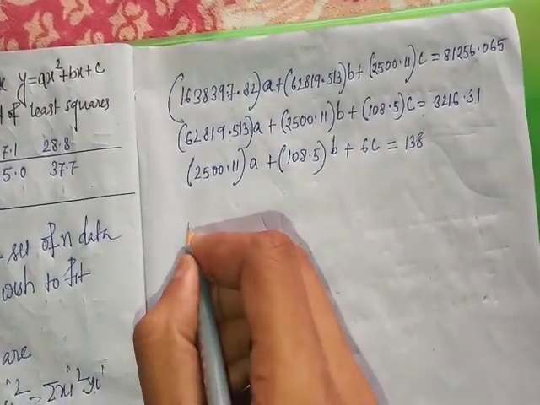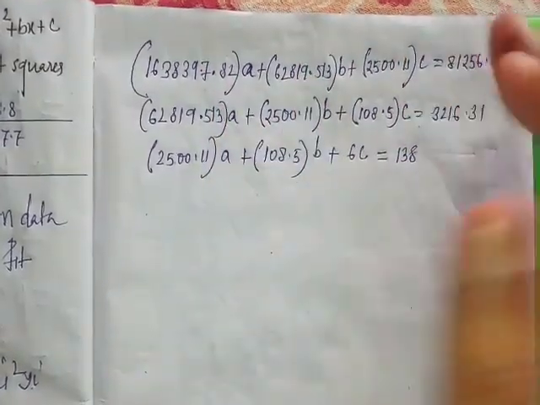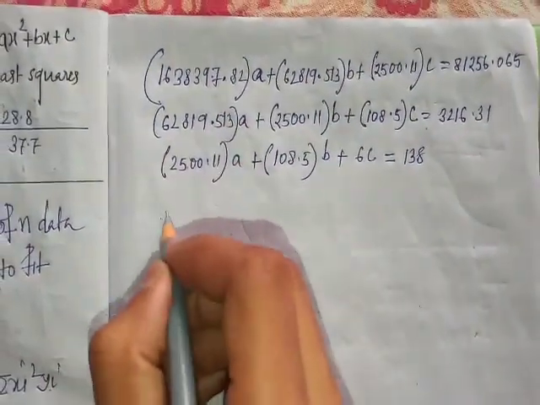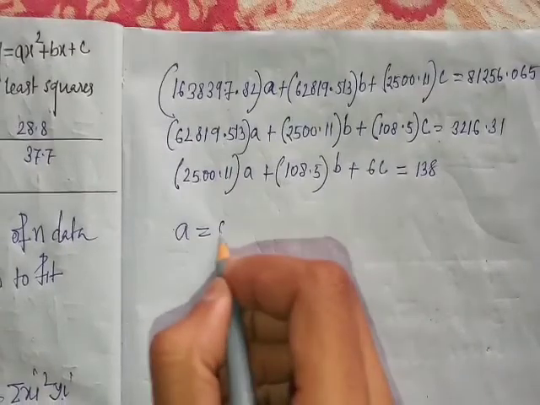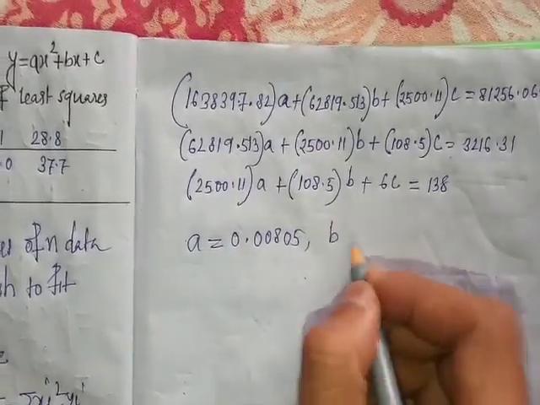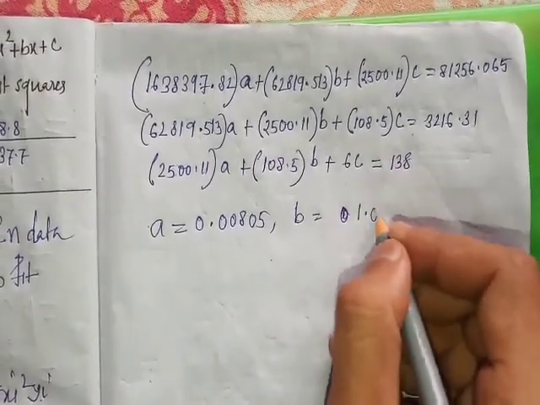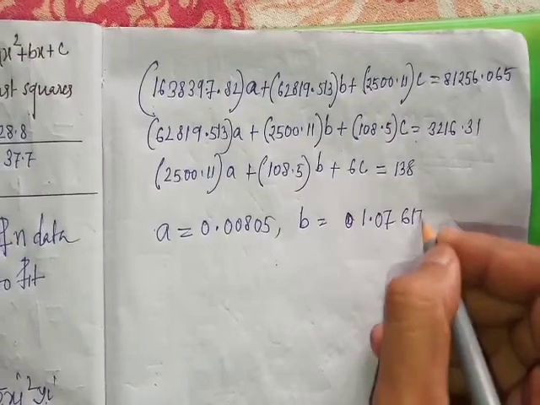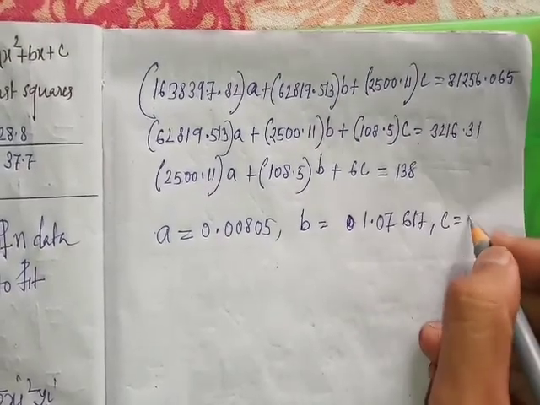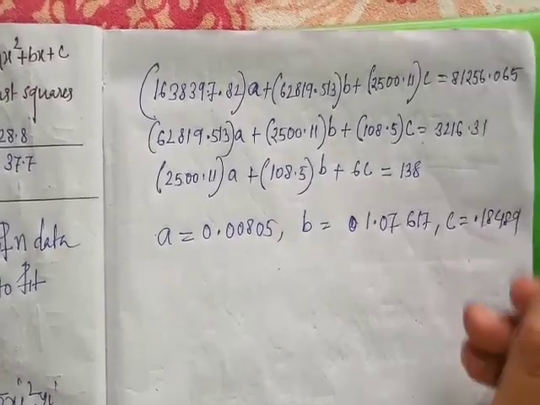Solving these normal equations with the help of a calculator, we get a equal to 0.00805, b equal to 1.07617, and c equal to 0.18489.